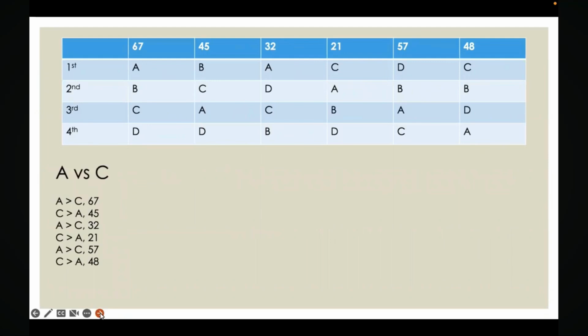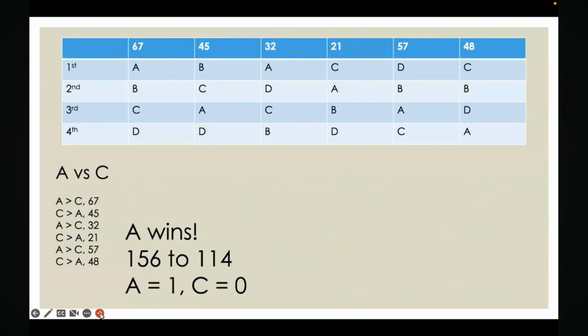A and C have 3 to 3 head-to-head counts. So if you count the total votes, A wins because it gets a total of 156 over 114 votes. At this point, A gets 1 point and C gets 0 points.